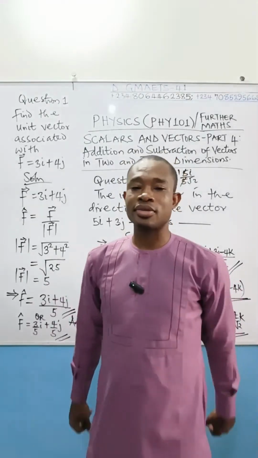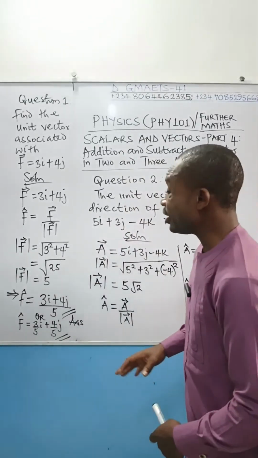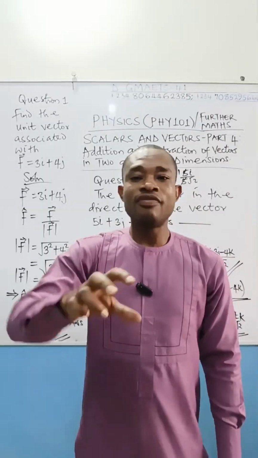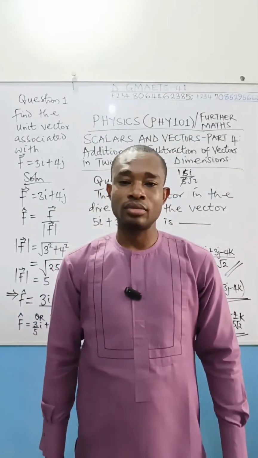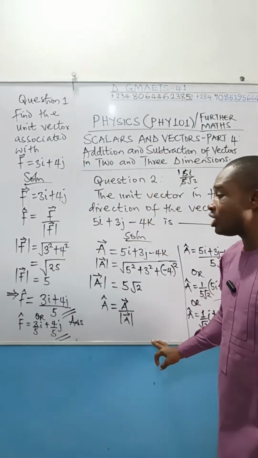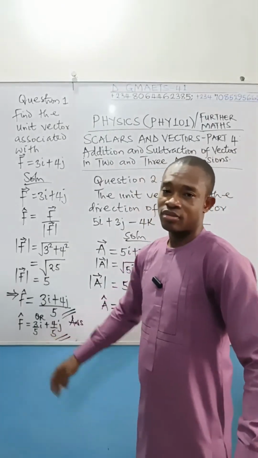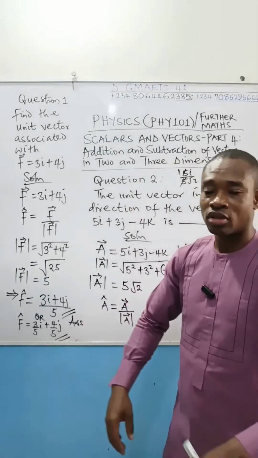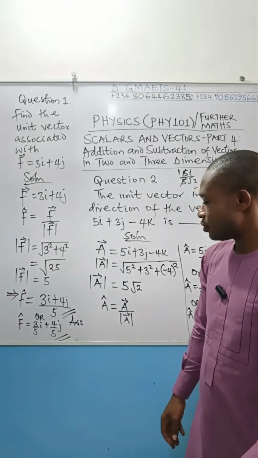How about you try this? Remember, when I began this class, I defined a unit vector as a vector whose magnitude is equal to what? 1. How about you prove that yes, the magnitude of any unit vector is 1? I'll quickly use this one to prove it before we move on to addition and subtraction of vectors in 2 or 3 dimensions.